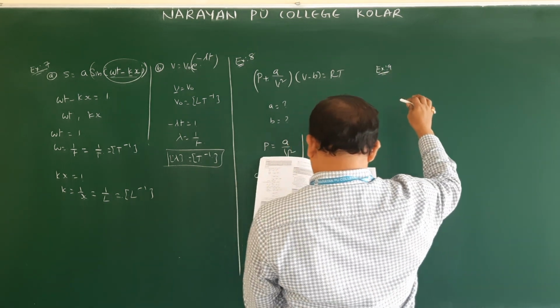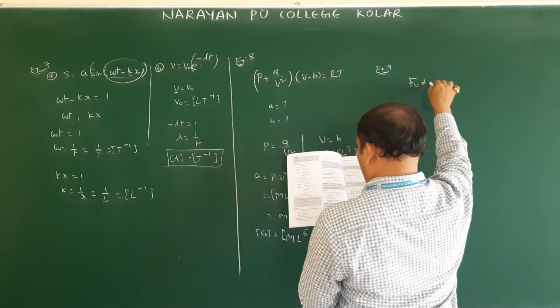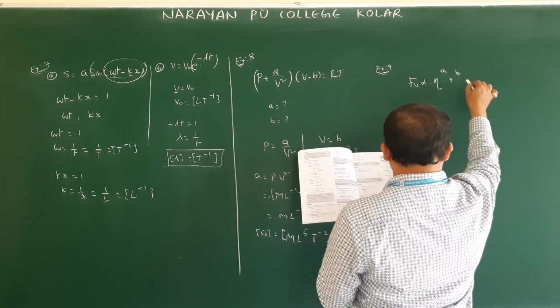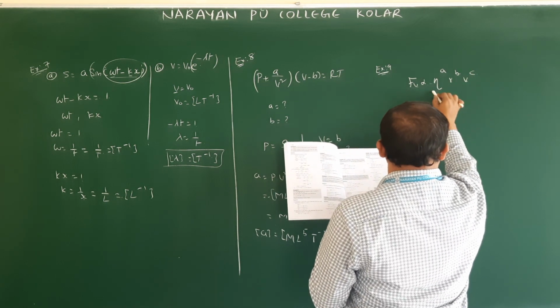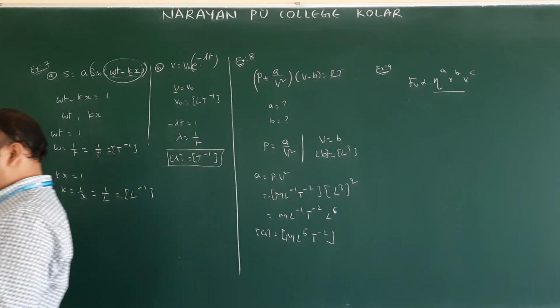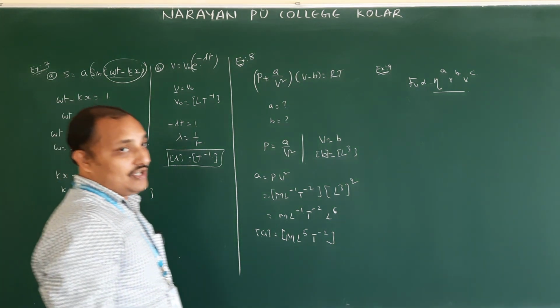They gave the frictional force relation: F is directly proportional to eta power a, r power b, v power c. Actually they won't give the relation like this, you have to write it, but in the question they give eta power a, r power b, v power c. So what is eta? Coefficient of viscosity. What is r? Radius. v is velocity.